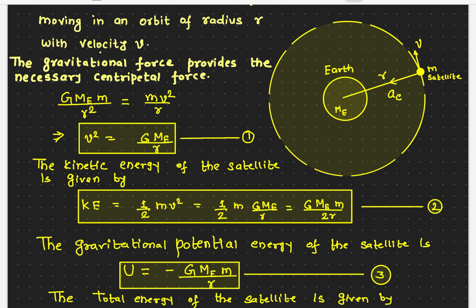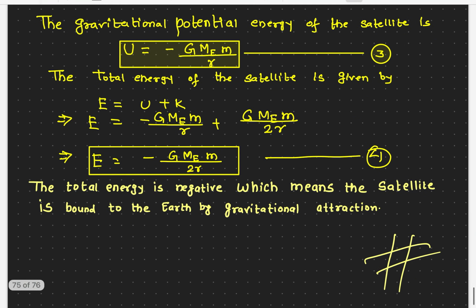When the distance between this satellite and the Earth is very, very large, which we call infinite, it becomes an unbound system. There is no longer attraction between them. That we call an unbound system. So whenever the total energy is negative, it is a bound system. That means the satellite is bound to the Earth by the gravitational attraction.